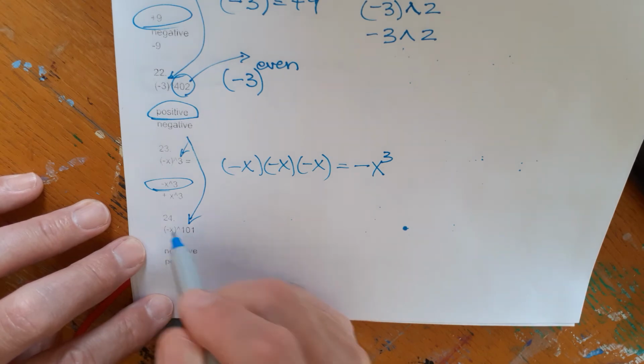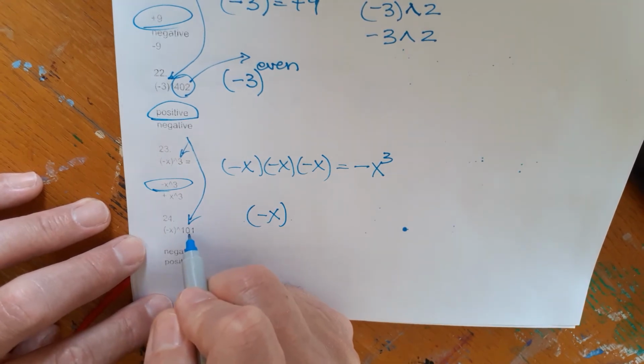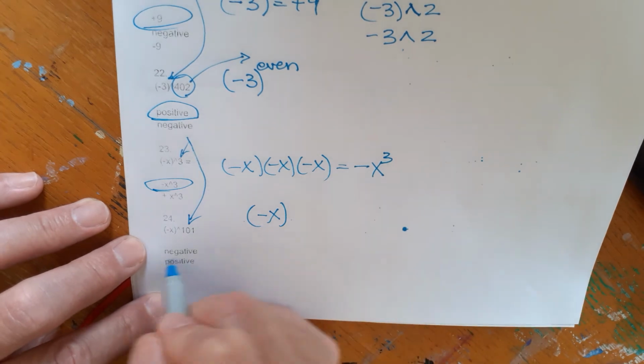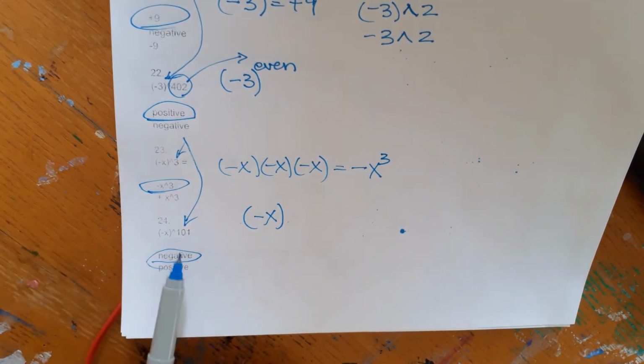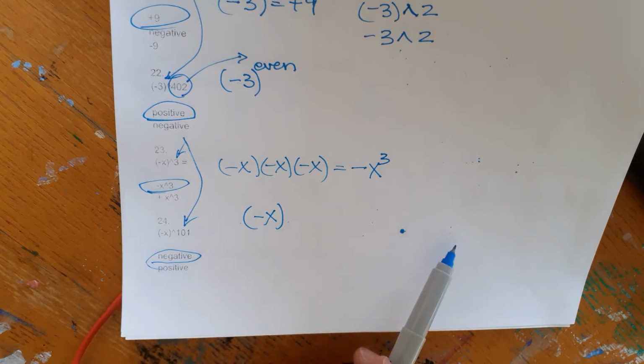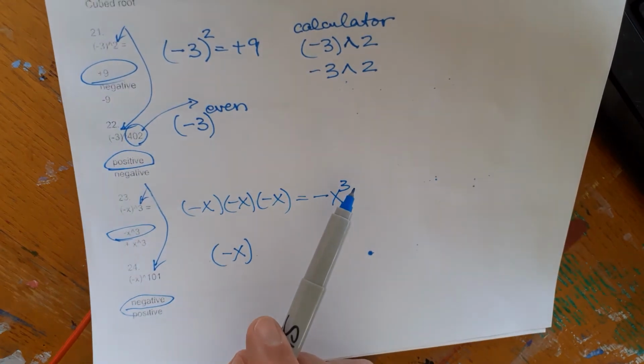And they're saying, what happens if we have this negative x raised to this absurdly large odd number, 101? Well, it's going to be negative. You don't have to calculate it out. I don't have to write 101 negative x's to know it's going to be negative. I know the pattern already.